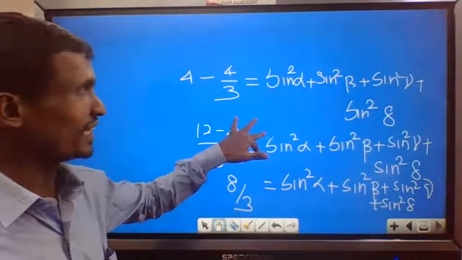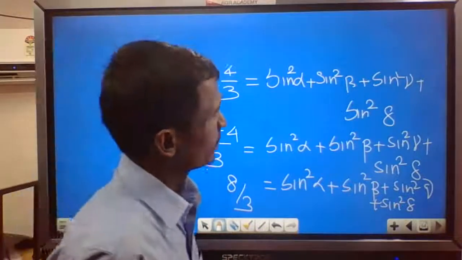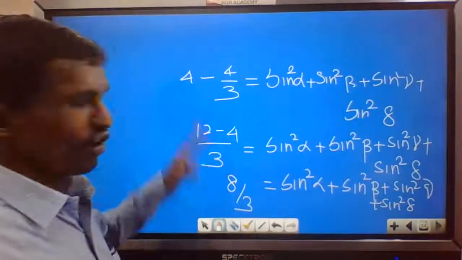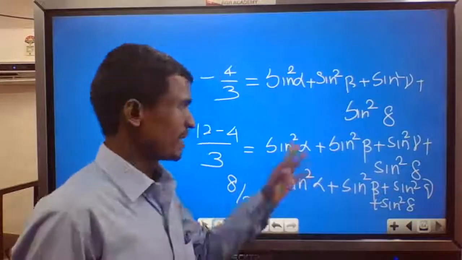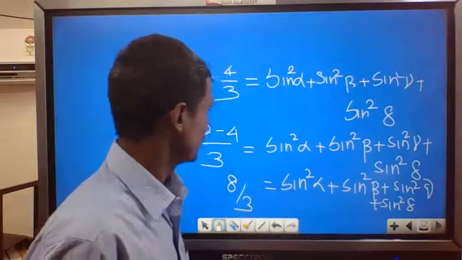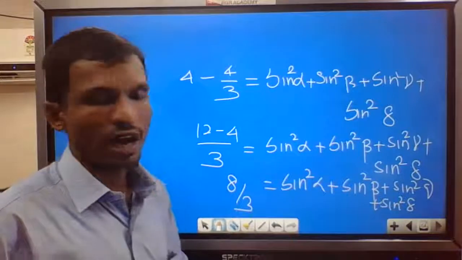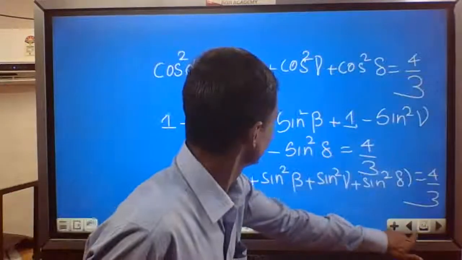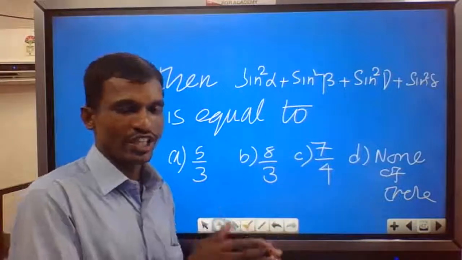Therefore 4 minus 4 by 3, which is 12 minus 4 divided by 3, equals the sum of the sin squares. So the sum is 8 by 3, which is the second option. This is the correct option for this problem.